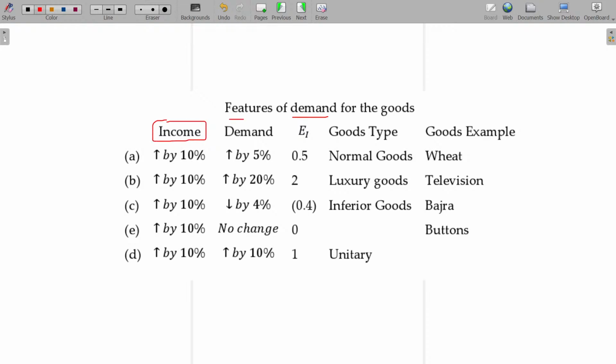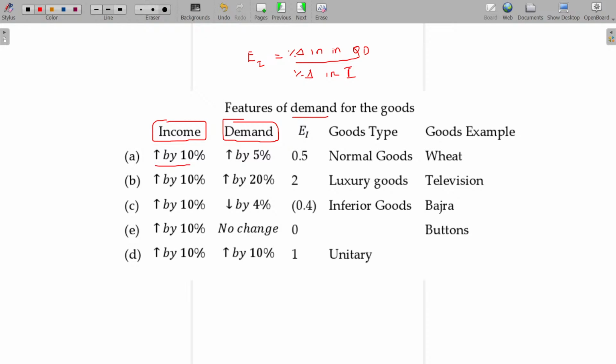Income and demand. Elasticity of demand with respect to income, what is the formula? Percentage change in quantity demanded divided by percentage change in income.